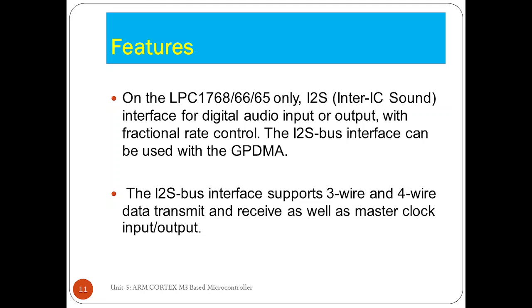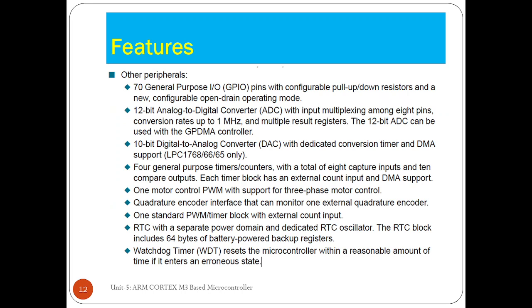If you see this Cortex, there are a lot of features on chip. If your application is related to multimedia interfacing, sound interfacing, display interfacing, or tracking, for all these applications we can use these types of controllers as per your application.